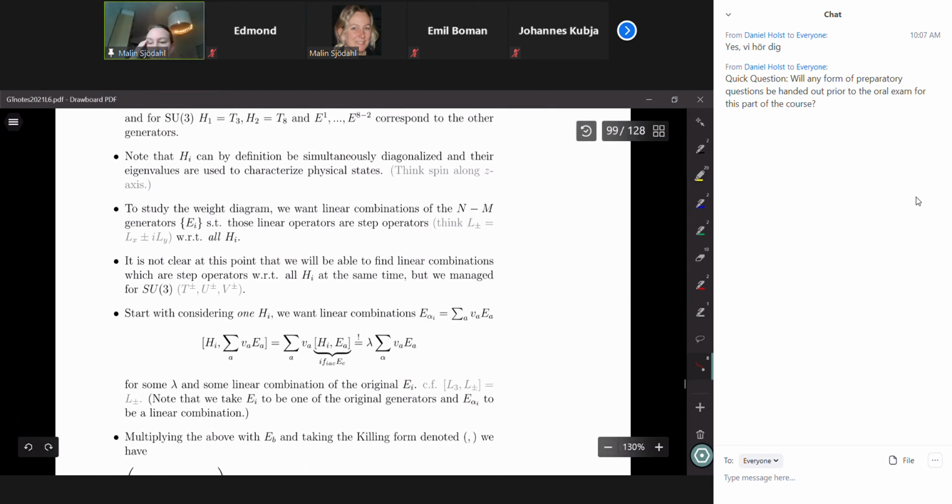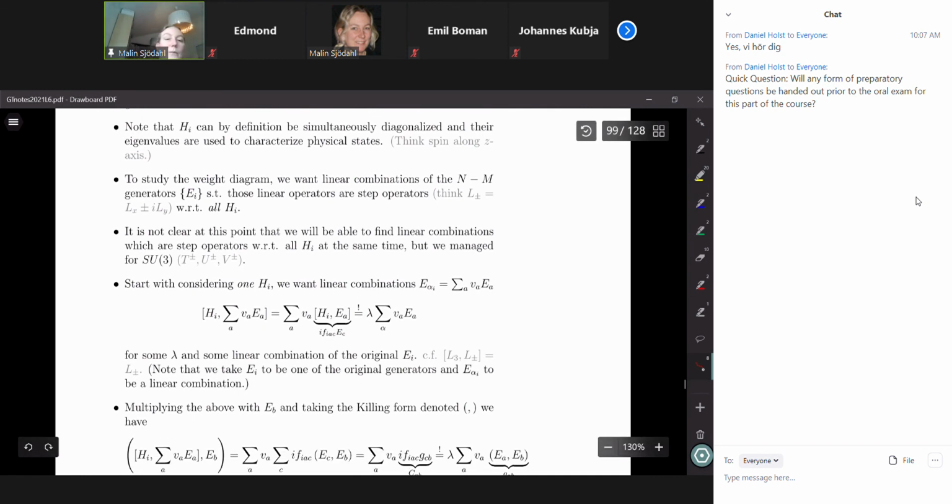Okay, so what we do then is that we start with one HI, so one element in a Cartan subalgebra, and we form linear combinations. I denote them E alpha I, where the I denotes that it's related to this HI. Linear combinations is just a sum over different EAs of the original non-Cartan generators.